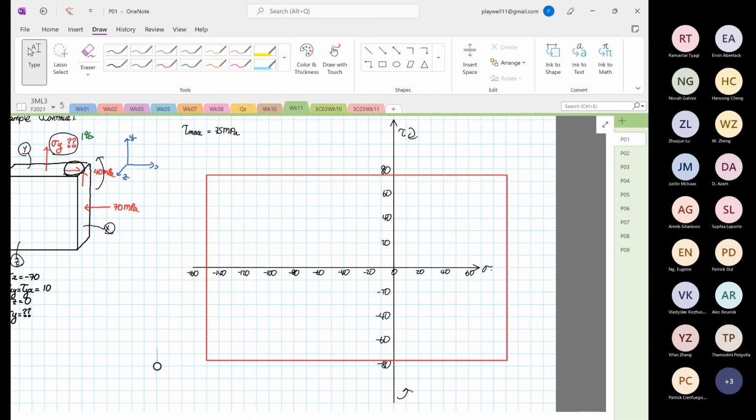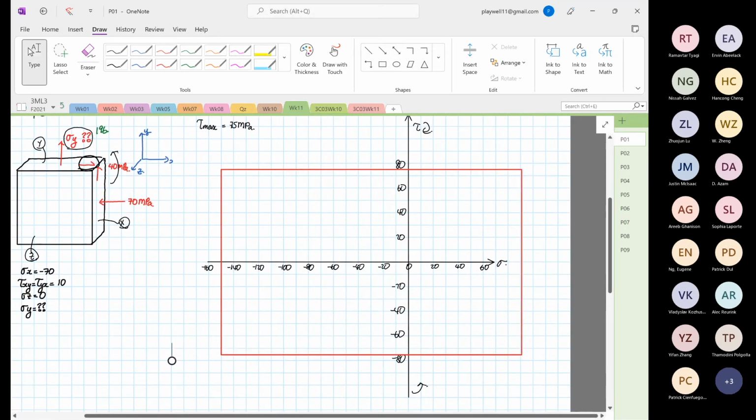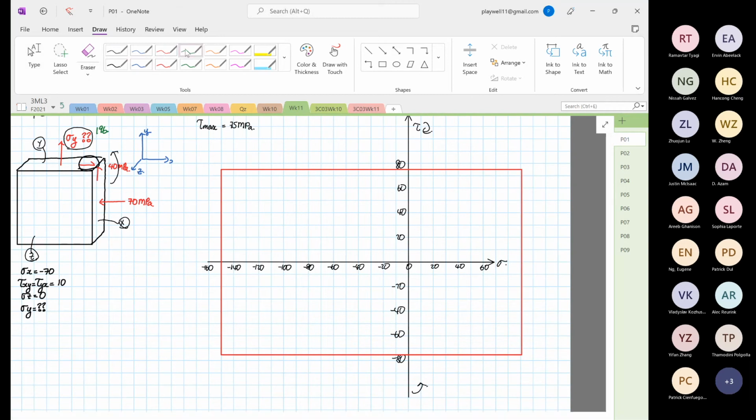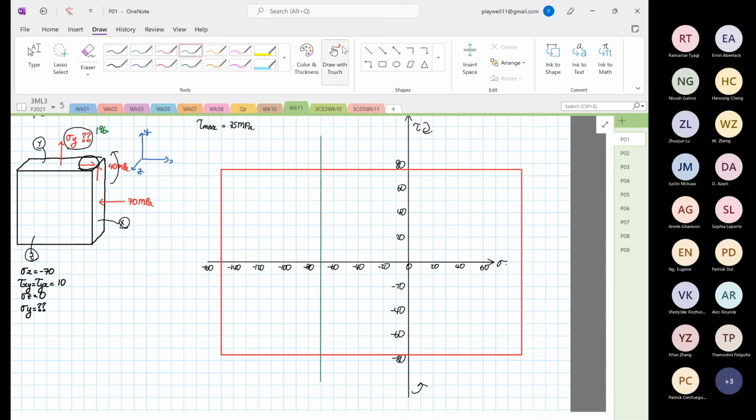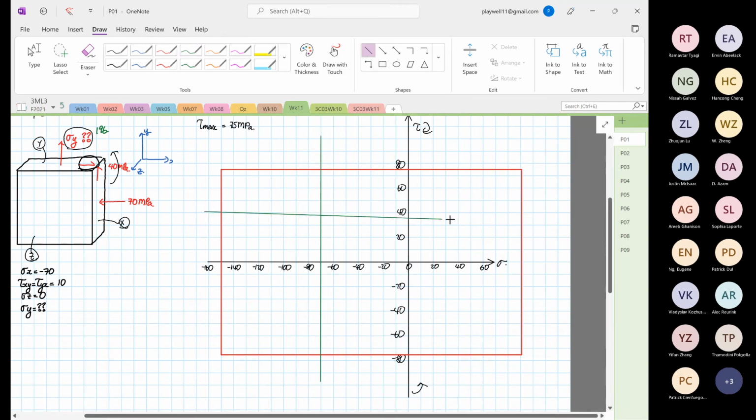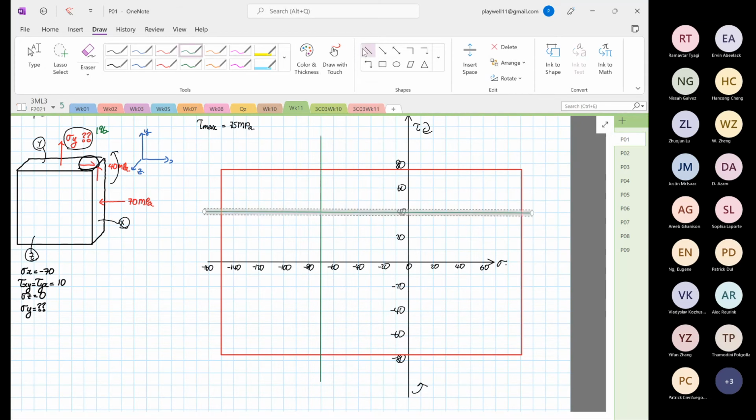The points that we have now: one of the points is on the minus 70 line, and then we have 40, and we have minus 40.